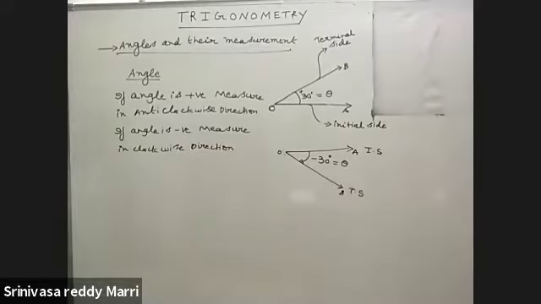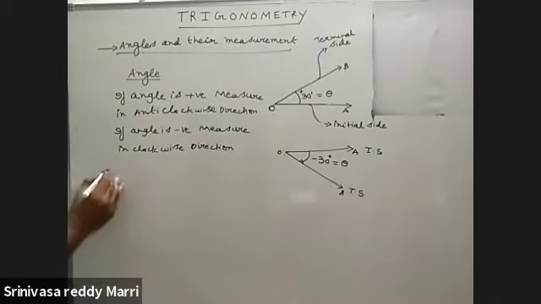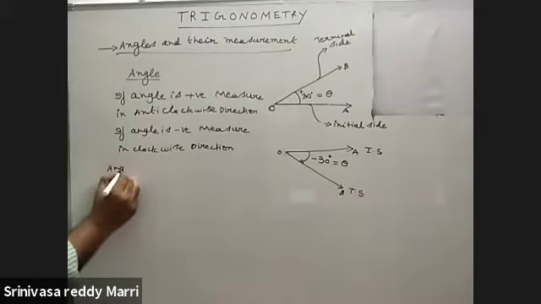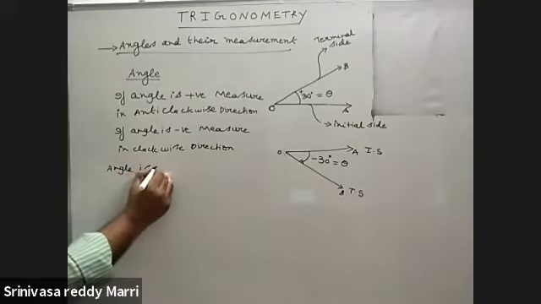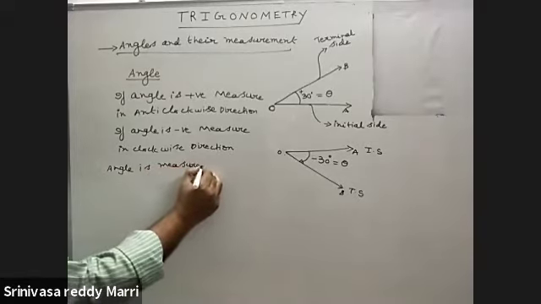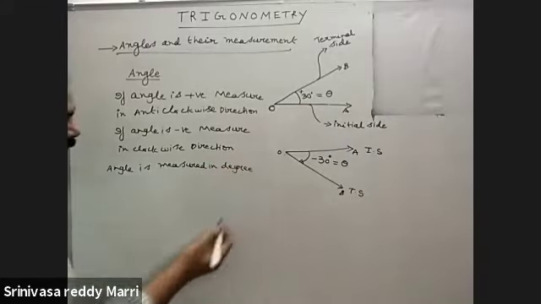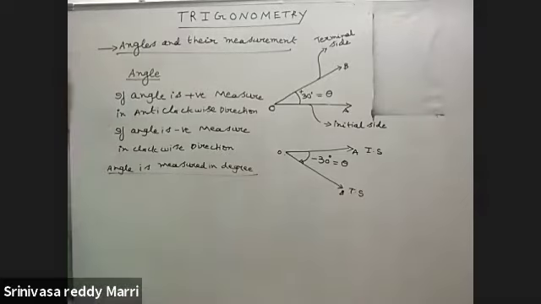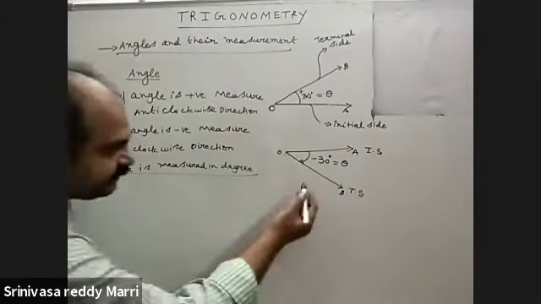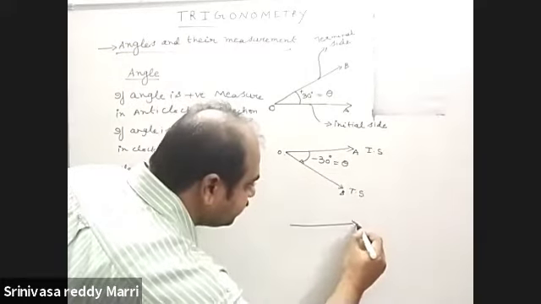So generally the unit of angle is degree. Angle is measured in degrees. Okay. What is a degree? Suppose you want to measure 360 degree.